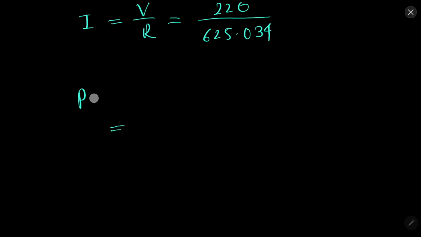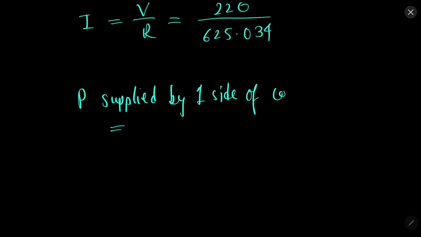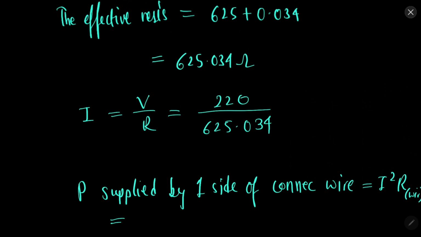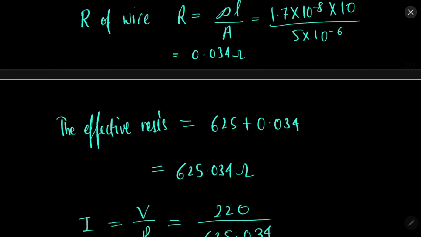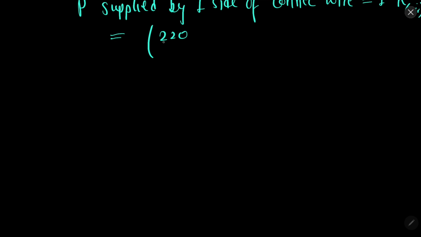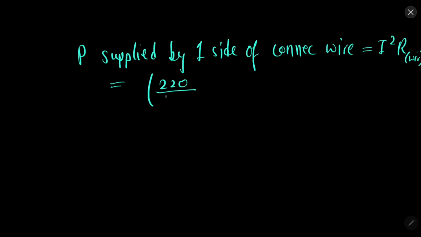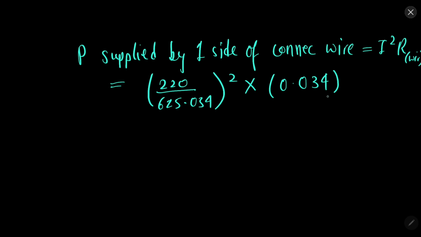So power supplied by one side of the connecting wire will be I square into R of wire. Okay, this is the resistance of wire, remember. So 220 over 625.034 square into resistance of wire 0.034.